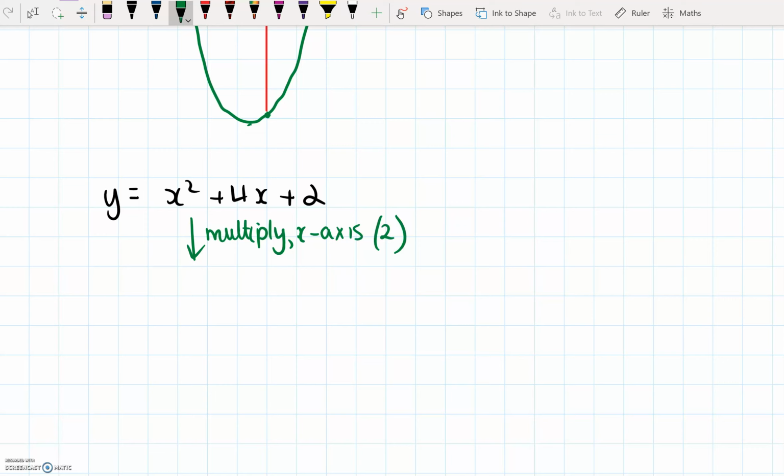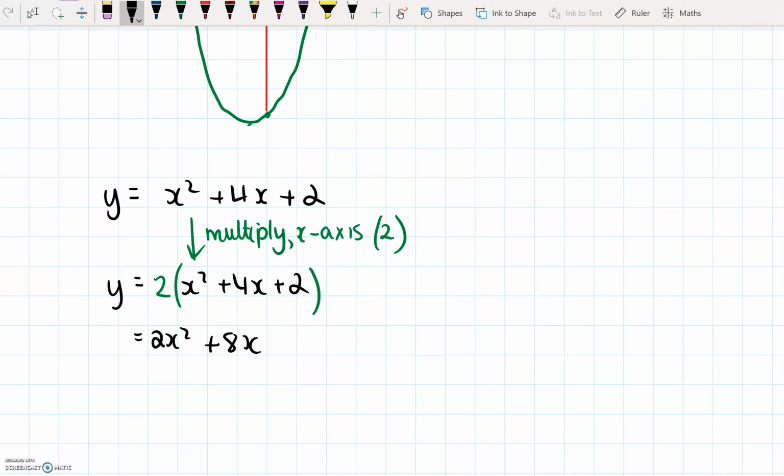What that means is, let's write the equation out again, x squared plus 4x plus 2. We have to multiply the entire thing by 2. So this is now going to become 2x squared plus 8x plus 4. This is all we're doing.